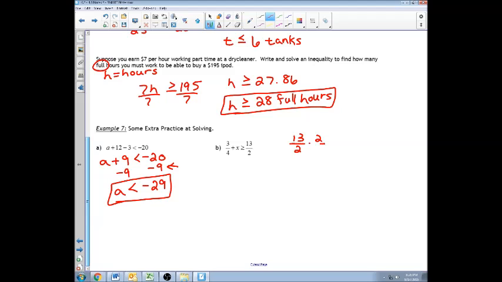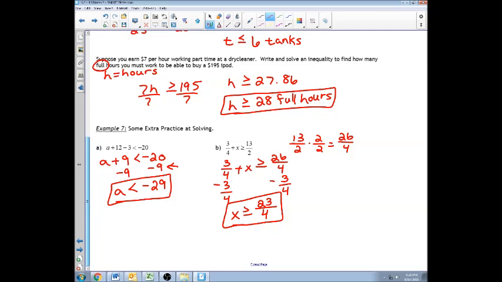I would multiply by 2 over 2, which is 26 over 4. So I could really rewrite this as 3 over 4 plus x is greater than or equal to 26 over 4. Now I could subtract my 3 over 4 and subtract my 3 over 4. That would leave me with x is greater than or equal to 26 minus 3 is 23. I don't do anything with my denominators, so it would be 23 over 4.